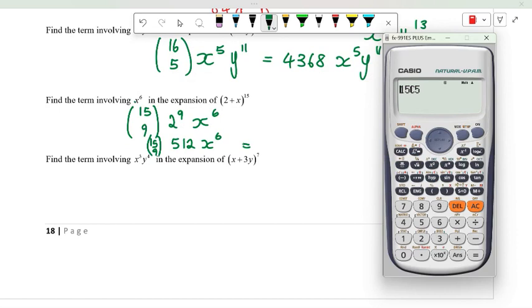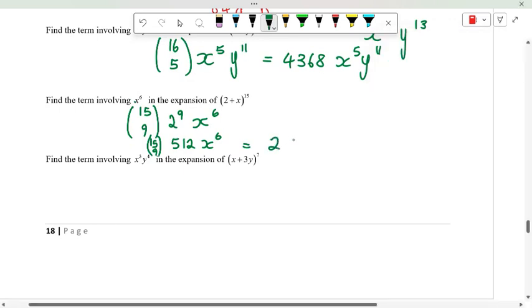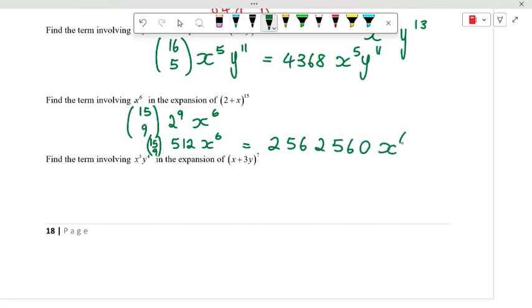15 combination 9 times 512, and we get 2560 x to the 6. Okay, let's just have a look at that one.